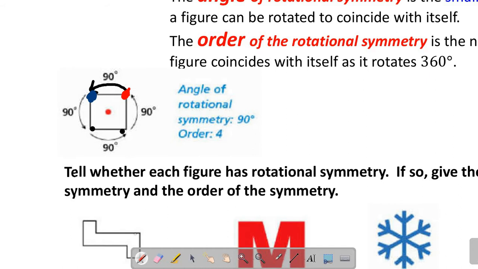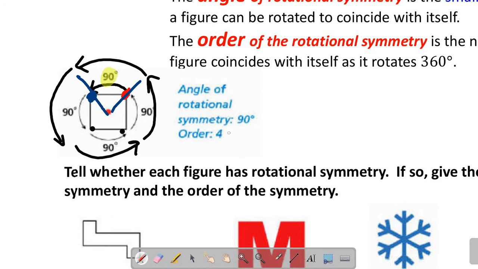So yes, it has rotational symmetry. The angle of rotation is 90 degrees. And there's 4 times you can go through that 90 degrees and get the same image, so our order of symmetry is 4.